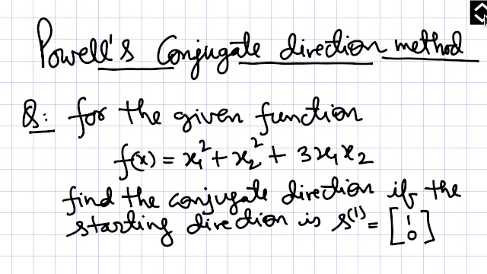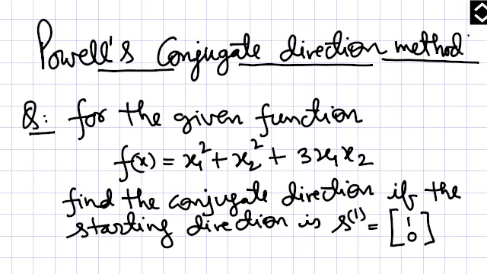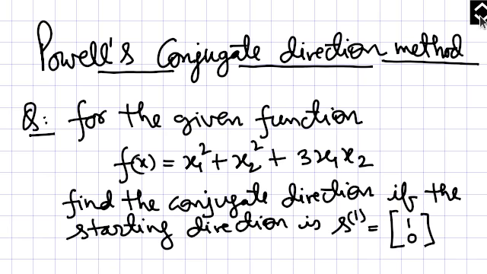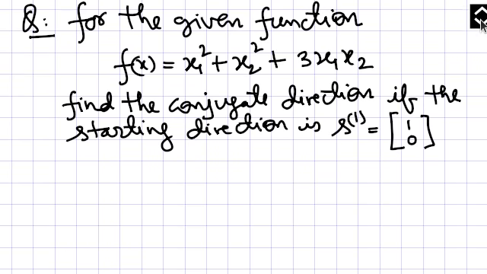Understand this in a very basic way: whenever Powell's conjugate direction method is used, you will be given the direction in which you have to search, and then you will have to find the conjugate direction. So we are solving this question, how to find this conjugate direction. Okay, solution.